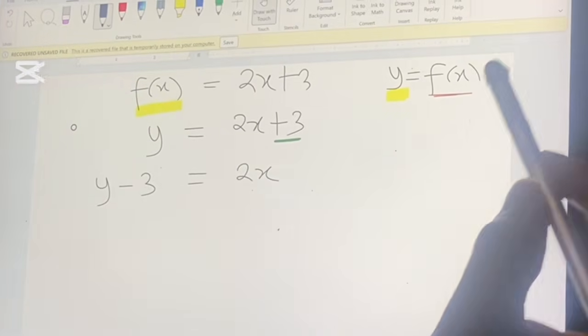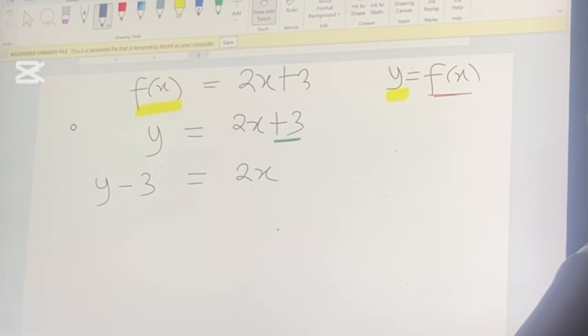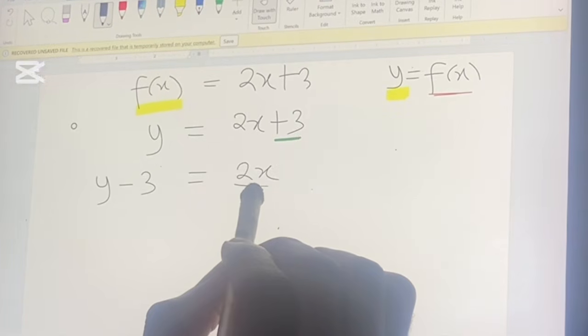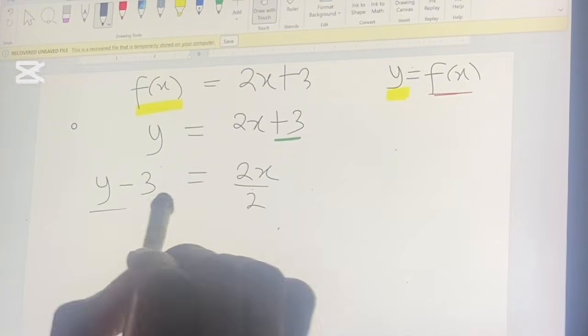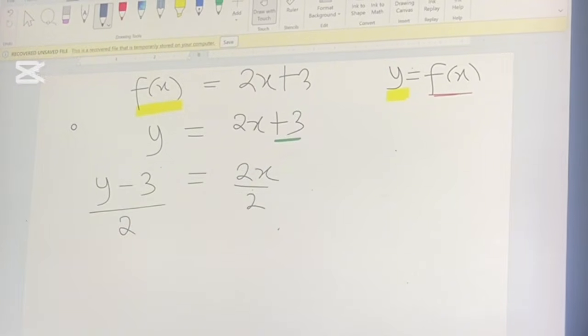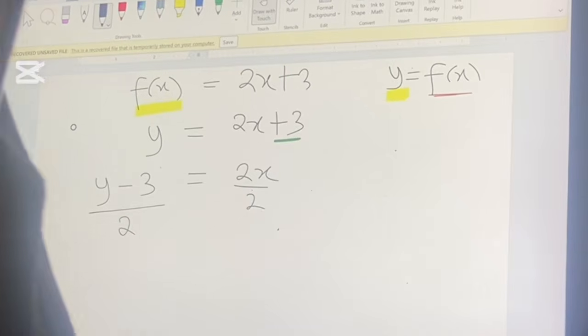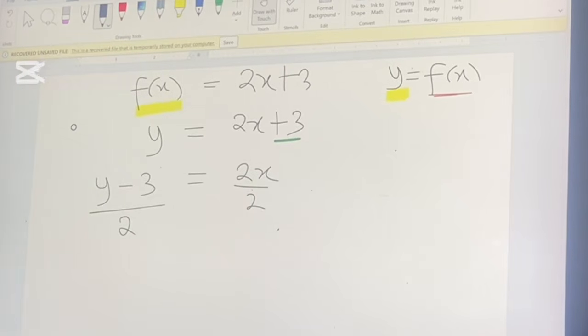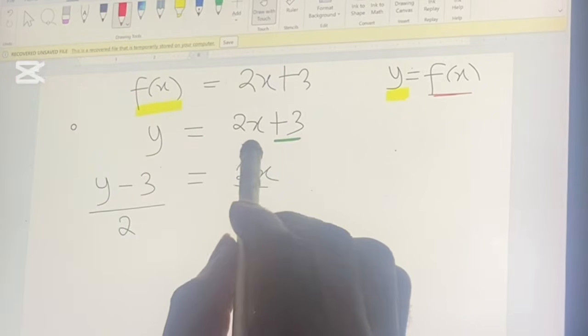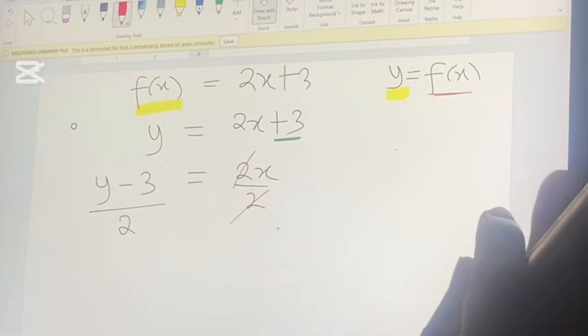My intention is to make s stand alone, so I will divide both sides by the coefficient of s, which is 2. Why? Because in equations we have a law that states that whatever you apply at the right hand side, you also apply at the left hand side. Please take note. So this will cancel this, class.